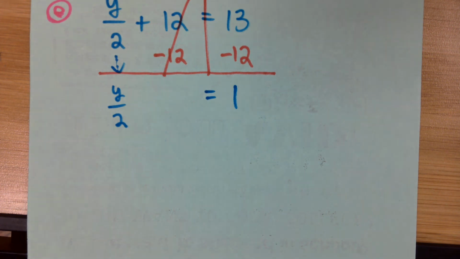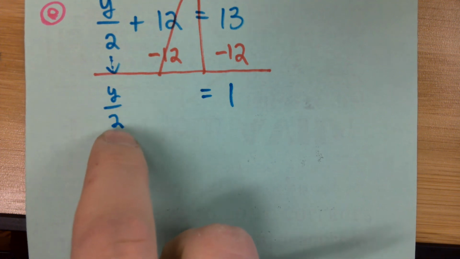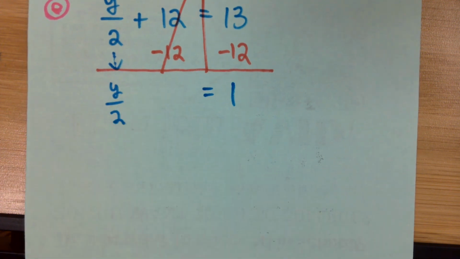So, this is a little bit different from example C, because in example C, the fraction was our coefficient, right? It was 1/2 times x. But here we have y divided by 2. So let's ask ourselves, what are we currently doing to y? We're dividing by 2.